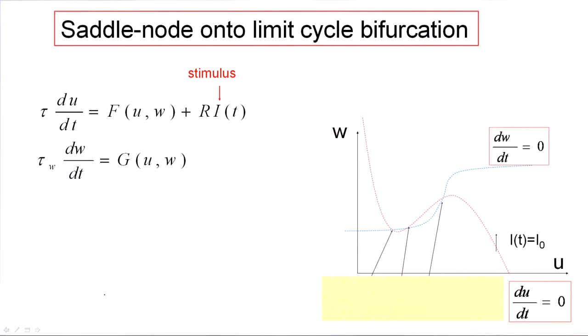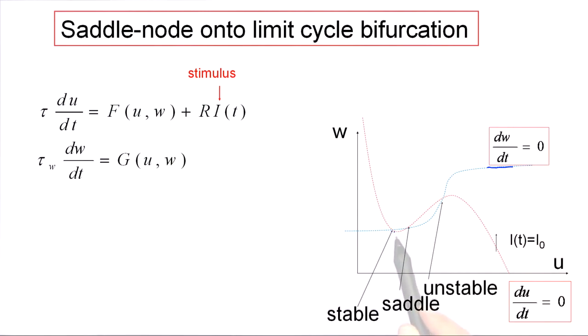So in the first half of this lecture, I have introduced the saddle-node onto limit cycle bifurcation. This is a situation where I have a w null line and a u null line, and they have 3 fixed points, a stable one, then a saddle, followed by an unstable one. The stable one, also called a node, will merge with the saddle when I apply a constant input current, and the 2 fixed points disappear.